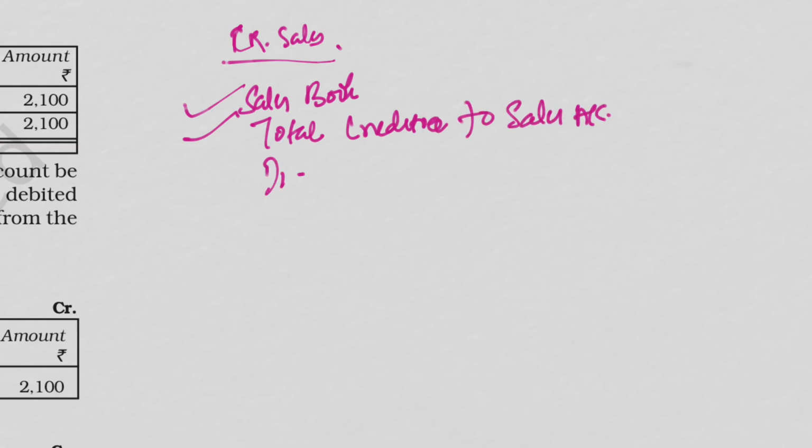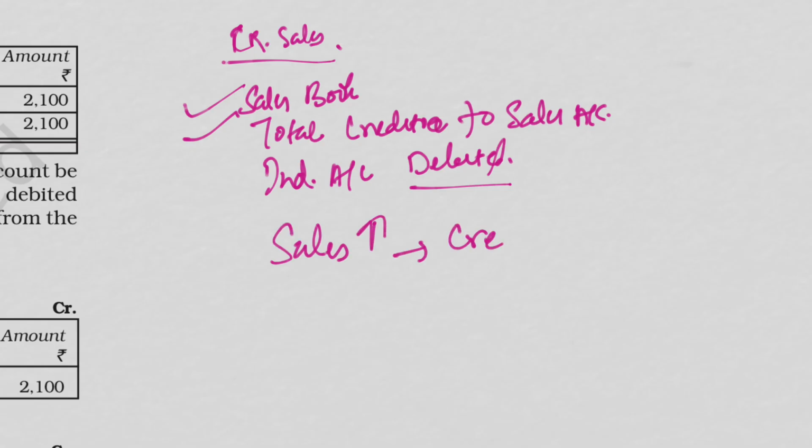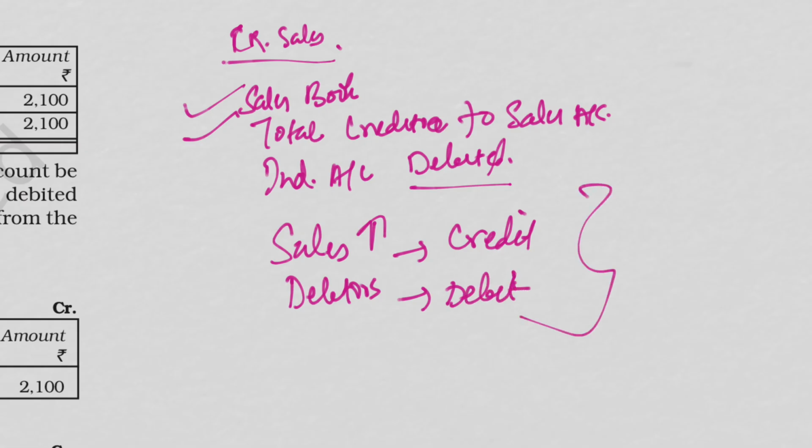Step 3, the individual accounts are debited. So thus the sales increase. Whenever the sales increase, it will be credited. The debtors would increase, thus it would be debited. So this follows the debit and credit rules perfectly. So now we have conceptually understood why sales book is needed.